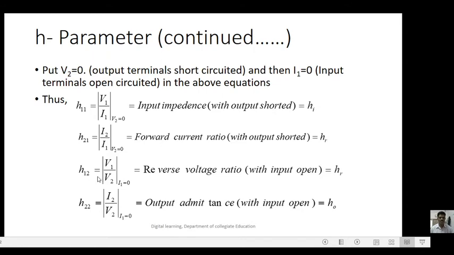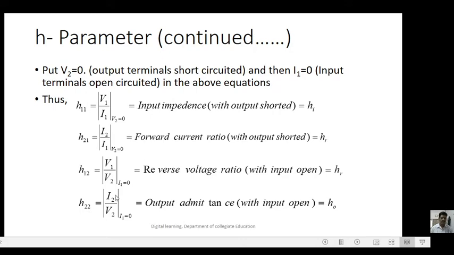When I1 is equal to 0, in both the equations simultaneously we get H12 equal to V1 by V2, the magnitude of V1 by V2 at I1 equal to 0. So this is known as the reverse voltage ratio with input open, H12 equals HR.